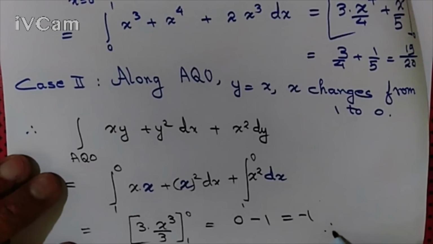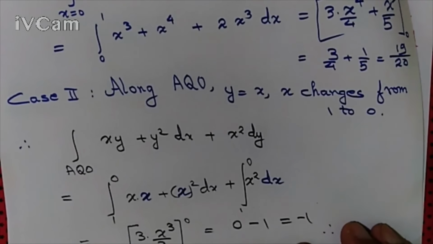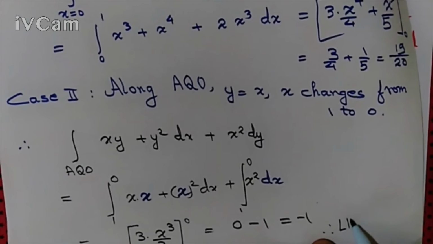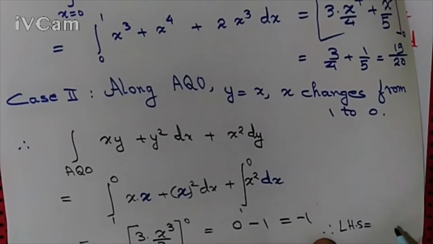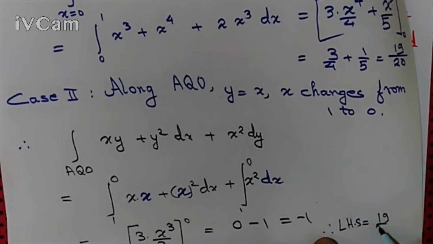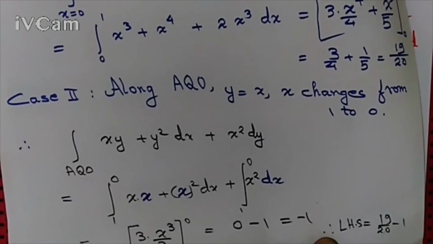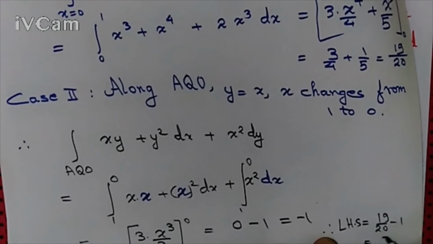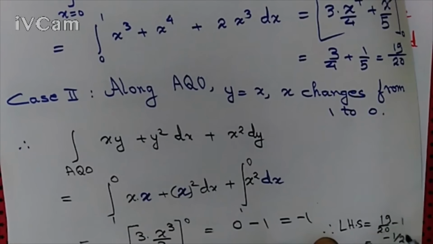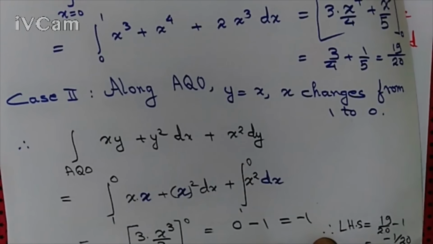Therefore LHS equals 19 by 20 minus 1, that's equal to minus 1 by 20, and we have verified Green's theorem. LHS equals RHS, and we have verified Green's theorem.